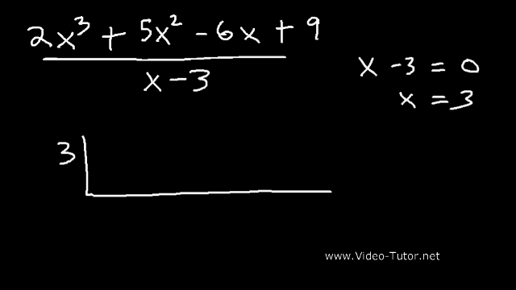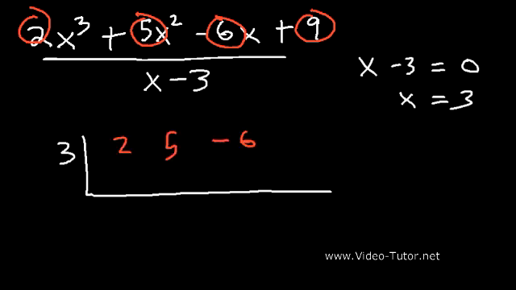by this number 3. Now to use synthetic division, at this point, write the coefficients 2, 5, negative 6, and 9, and place them here. And then bring down the 2. 3 times 2 is equal to 6. And then add 5 and 6.